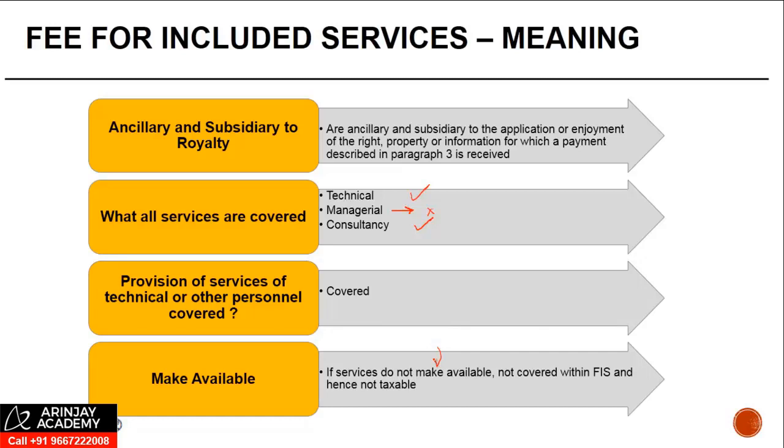If they do not make available, they are not covered within FIS and hence not taxable. What this means is if the nature of service is technical or consultancy, but by virtue of application of the make available clause, it does not amount to FIS, then a stand can be taken that these services are not taxable, right? Provision of services of other personnel, technical or other personnel, is also covered here.